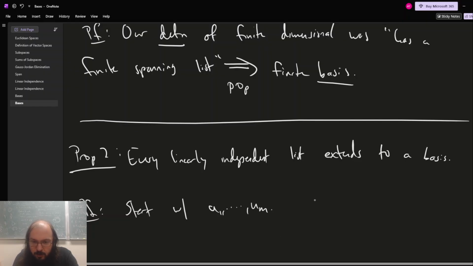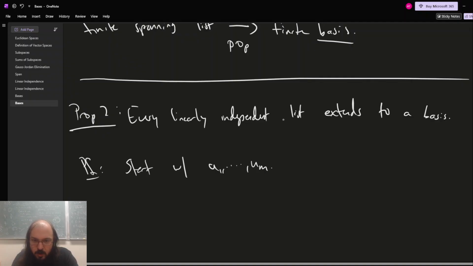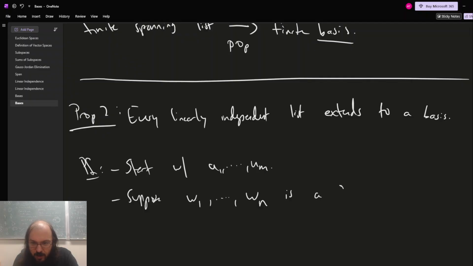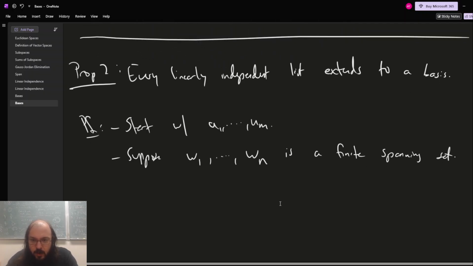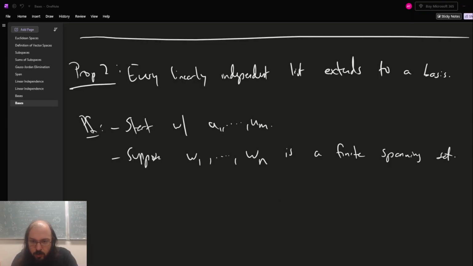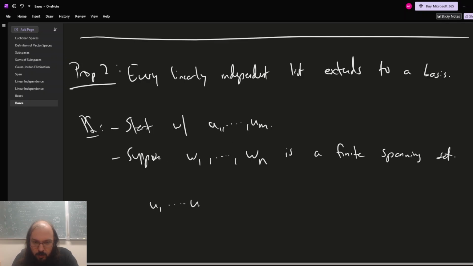On the other hand, since we're going to be working with a finite dimensional vector space, we suppose W1 through W, I already used M, so let's use N, is a finite spanning set. What we do is we look at U1 through UM, and then we adjoin W1 through WN to make one big list.